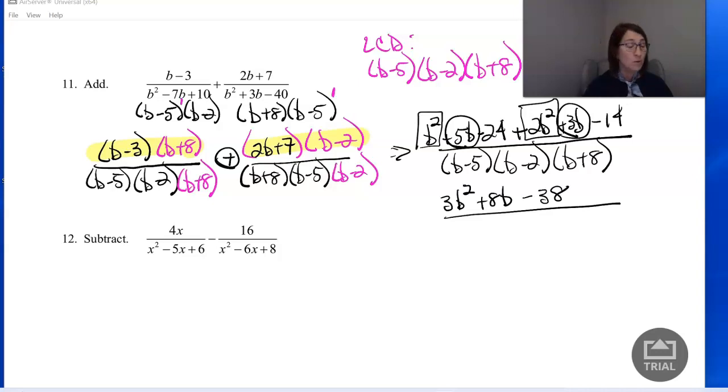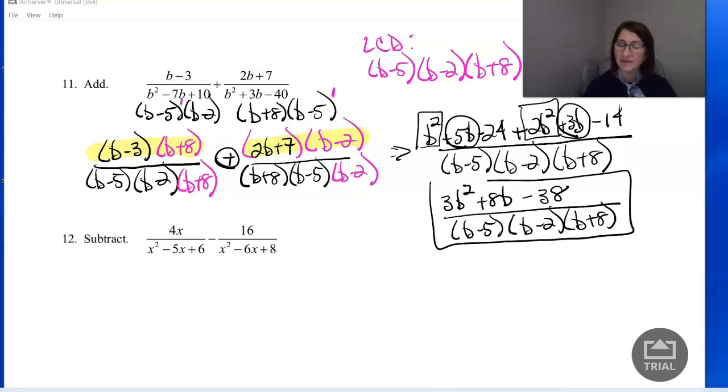All of that over b minus 5, b minus 2, b plus 8. I can tell you, because I've already worked on this problem, that numerator cannot be factored anymore. So we're done.